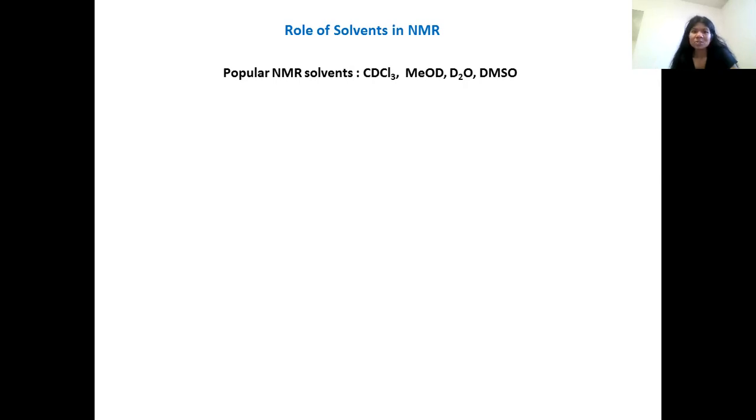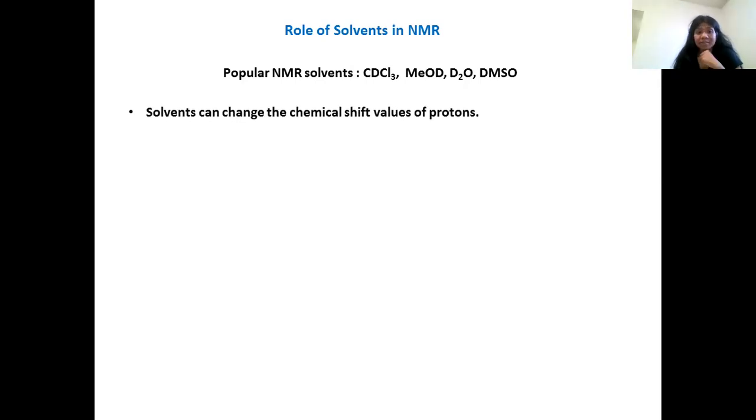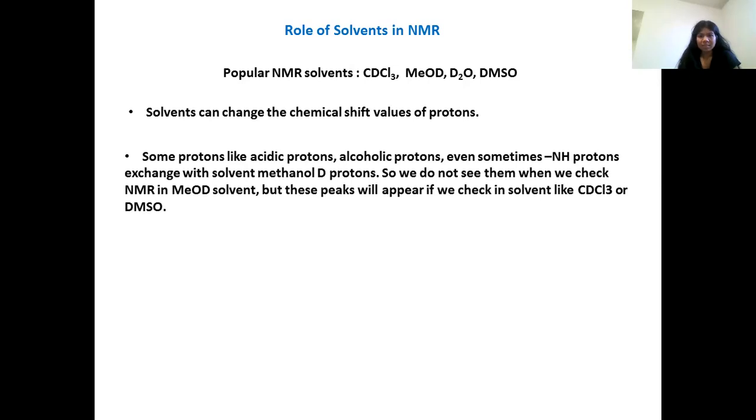Depending upon the solubility of your compound, there can be a choice of a broad range of solvents and even mixture of solvents. As I already mentioned, solvents can change the chemical shift values of the protons. It will not change it abruptly, but it can change 4.5 to 5, like this. Some protons, like the acidic protons, alcoholic protons, and sometimes even the NH protons, exchange with the methanol D solvent protons.